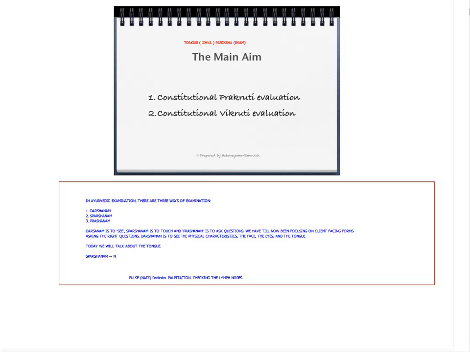So sparshanam is actually touching the person and checking their body temperature, if their extremities are cold, checking for their pulse diagnostics. And we will talk about pulse in December, or when we get to that Ashtavidha Pariksha, and Dr. Sahana Kidlaya is the teacher for that. I will be helping.